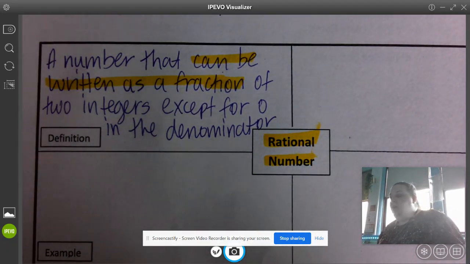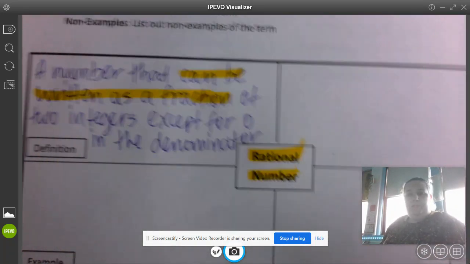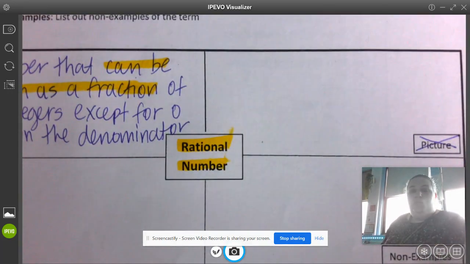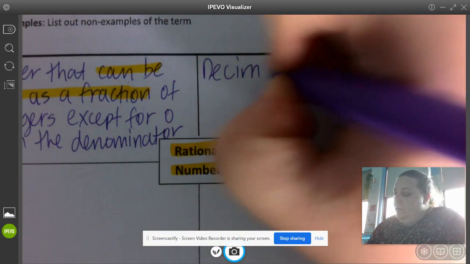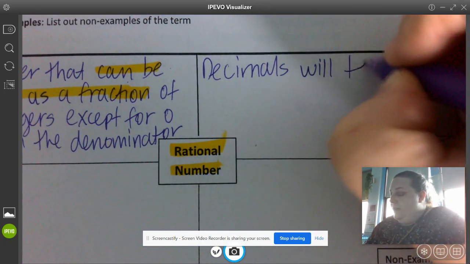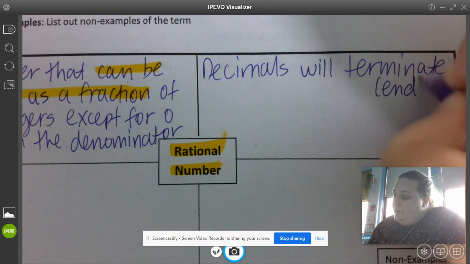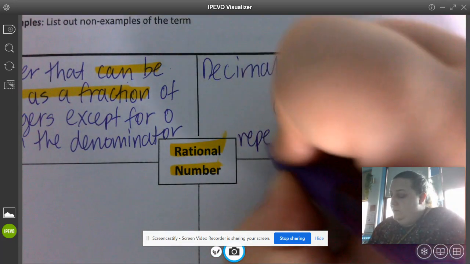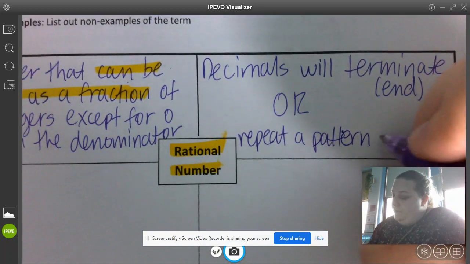Okay. So whether you're working with a rational number or what we'll go over in a second, an irrational number, they can be written as decimals. So we're actually not going to draw a picture. We're going to describe what the decimals would look like. So decimals will terminate, which just means to end, or repeat a pattern forever.